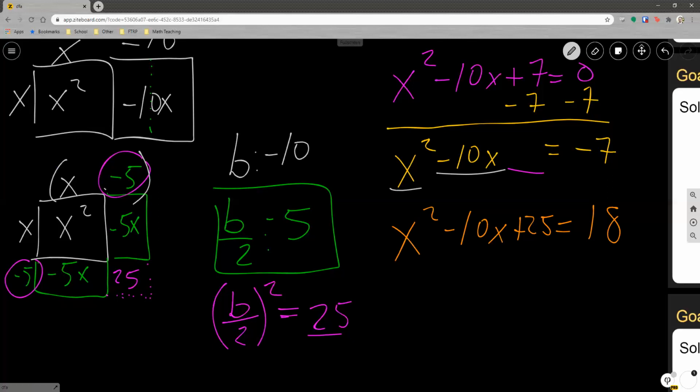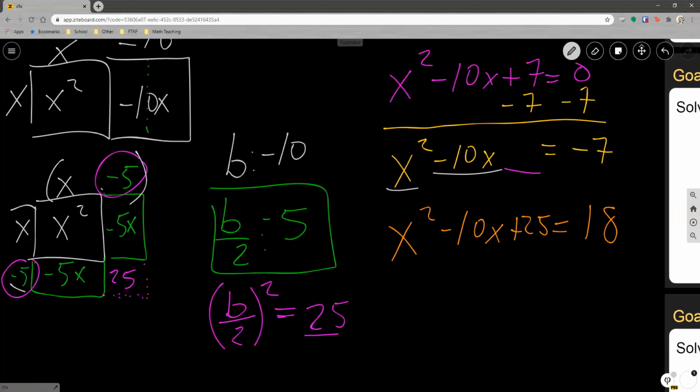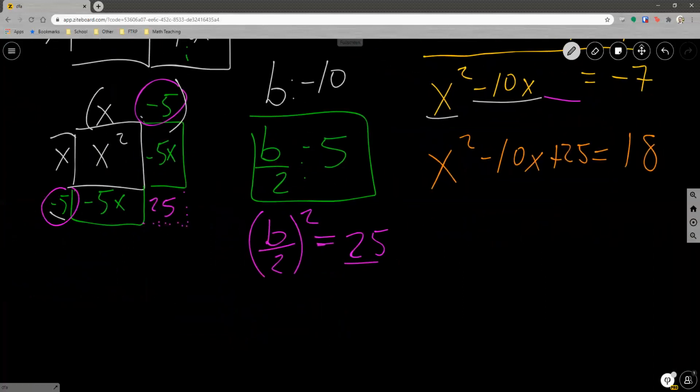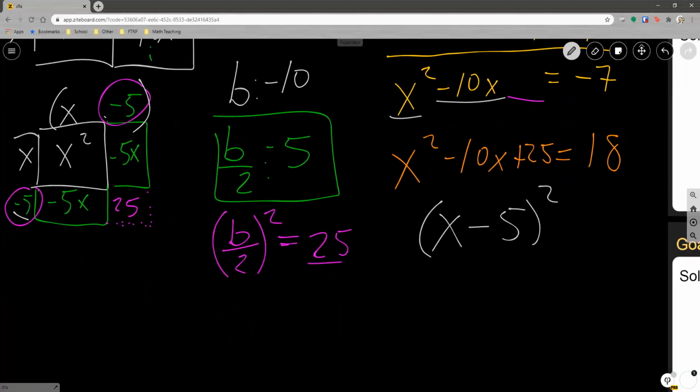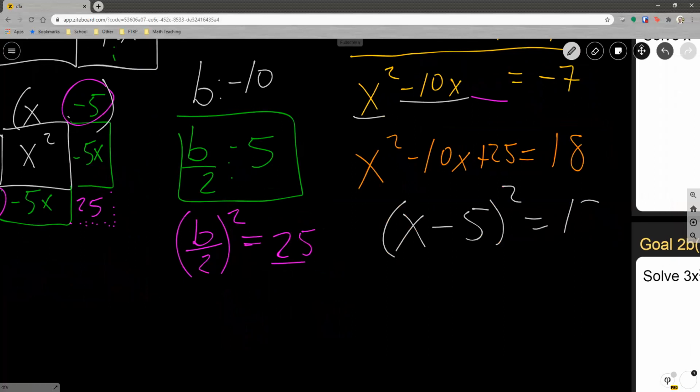It's going to be 2 factors of x minus 5. So I can rewrite this immediately as just x minus 5 squared on my left side equals 18.